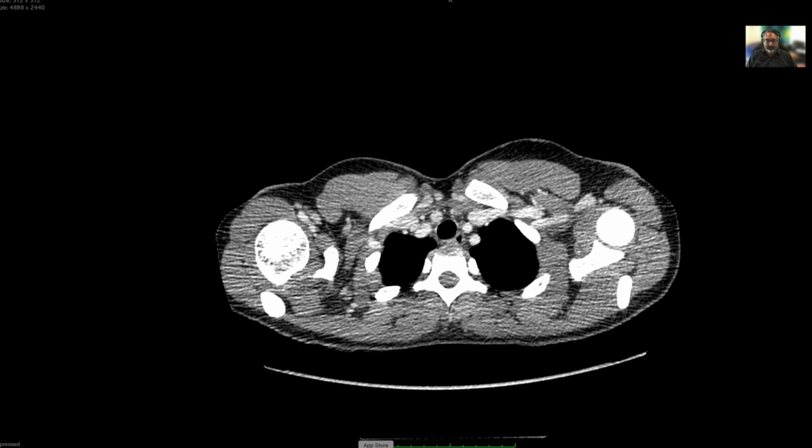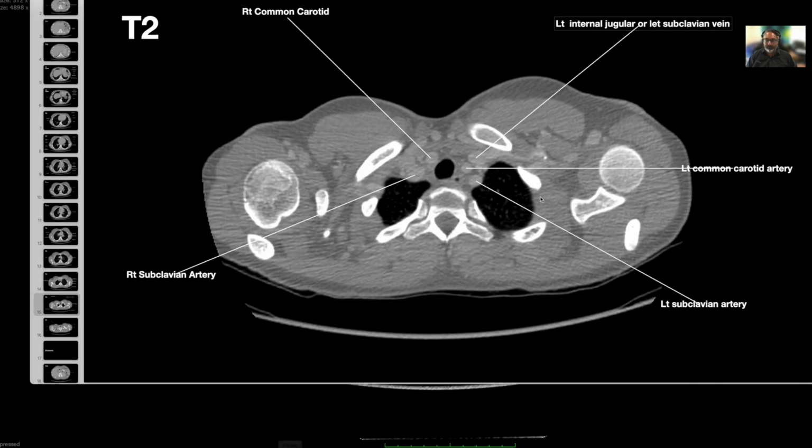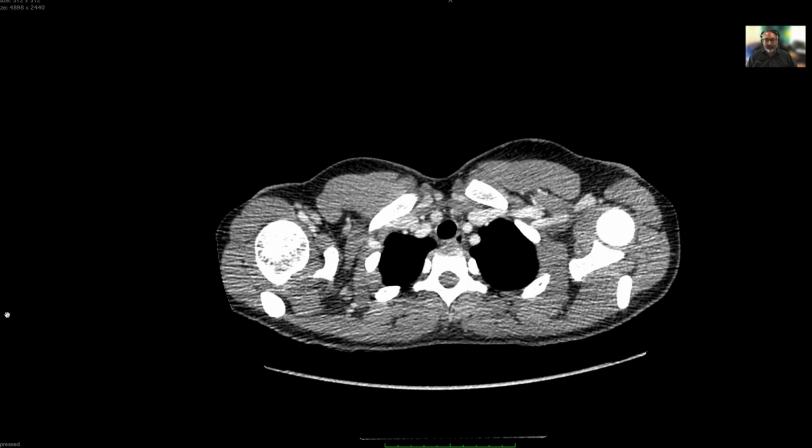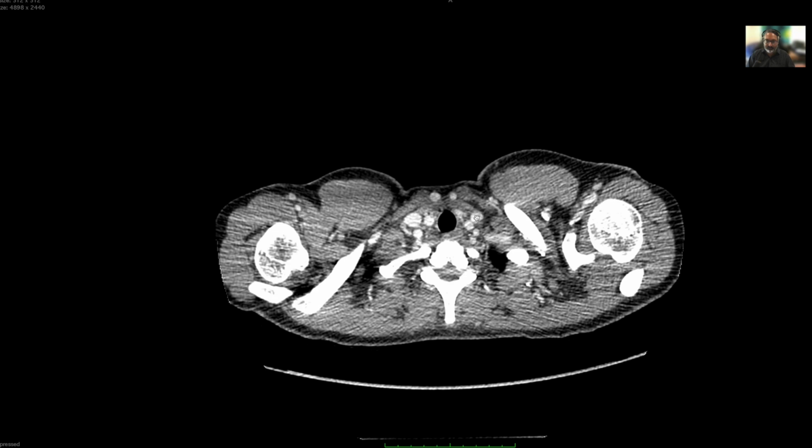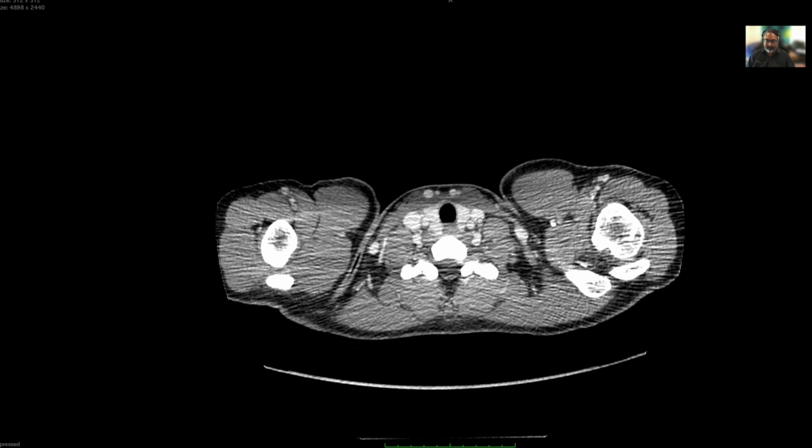It's a slightly different contrast, but yes, that's what it is. I should have put an arrow here, because that will become the internal jugular, which you are right. That will become the internal jugular.